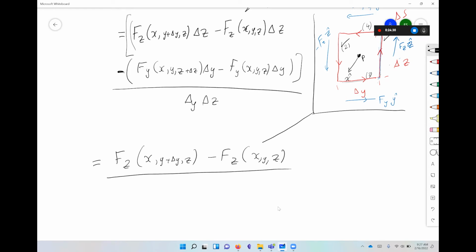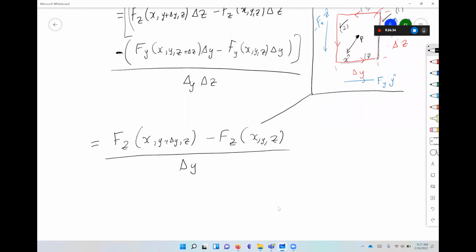The whole thing is divided by delta y, since delta z went away. And then I take the other term, which is fy at (x, y, z + delta z), minus fy at (x, y, z). Delta y goes away, and I end up with delta z.